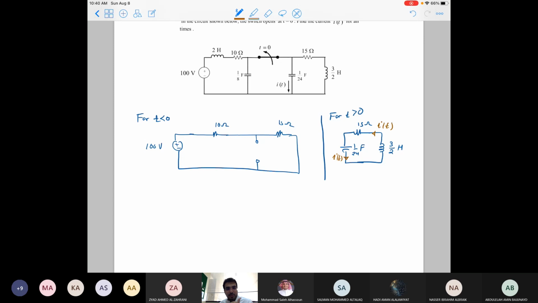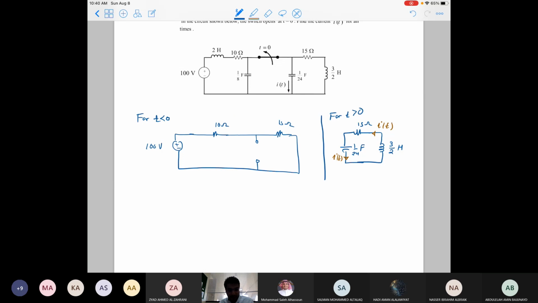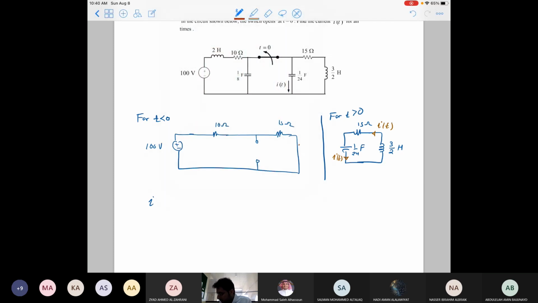So what do we know about the current passing through the inductor? It cannot change instantaneously. Therefore, here we need to find the current passing through the inductor for t less than 0 as well. The current passing through the inductor for t less than 0 is this one, which is minus I of t.